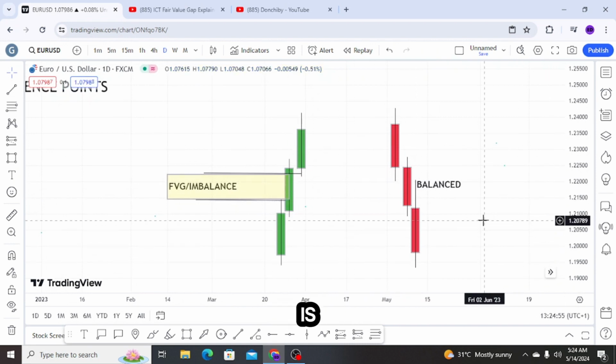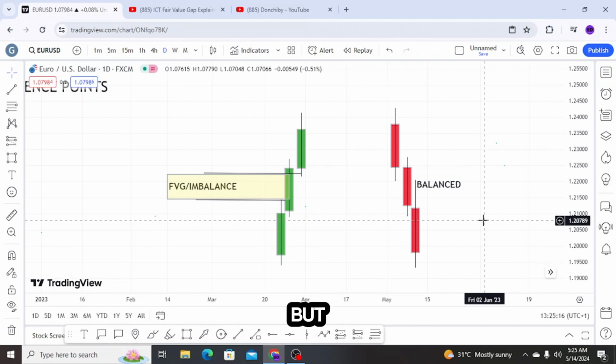Now, what is a fair value gap? This is how I explain it. You know that the market delivers in fractals. Whenever the market is delivering, ordinarily it needs to be balanced. The candles need to be balanced.